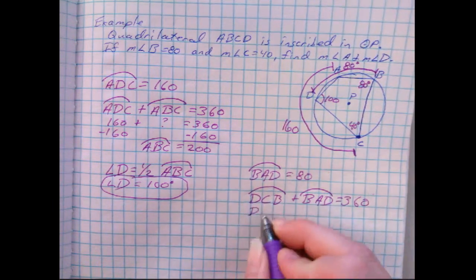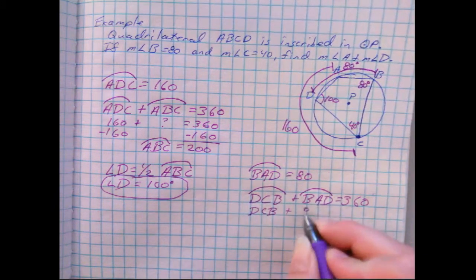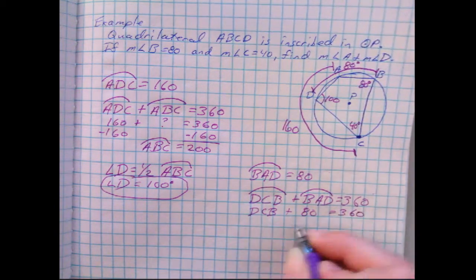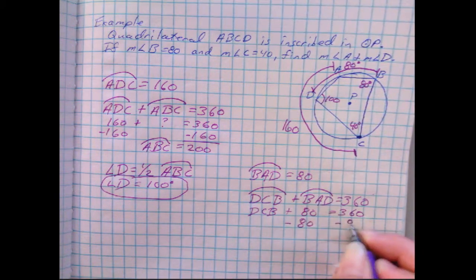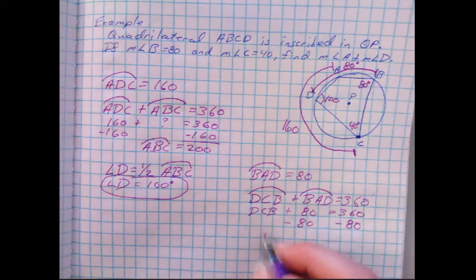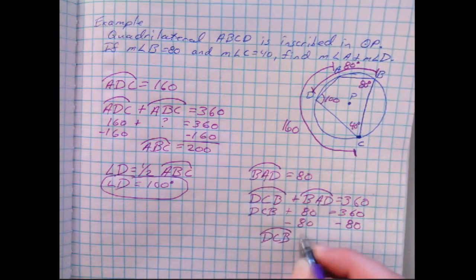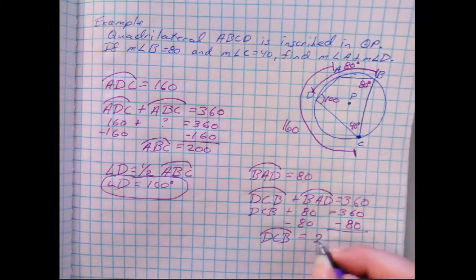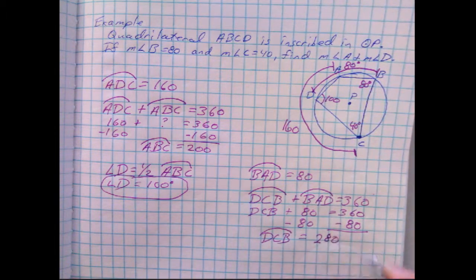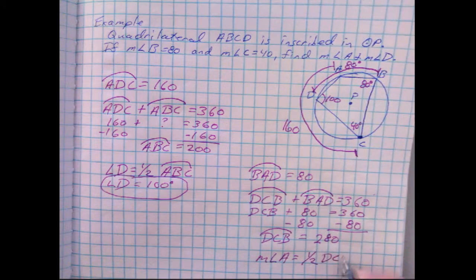So DCB plus 80 equals 360. Subtracting our 80 from both sides, we get DCB equals 280. So the measure of angle A equals half of DCB. The measure of angle A is half of 280 degrees.